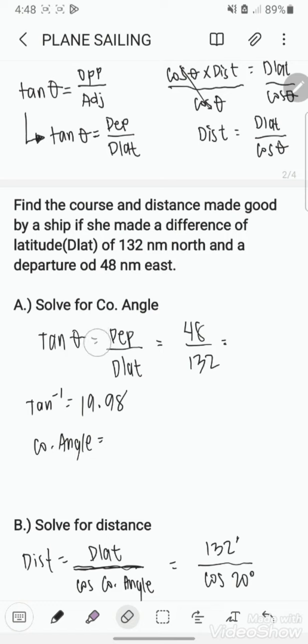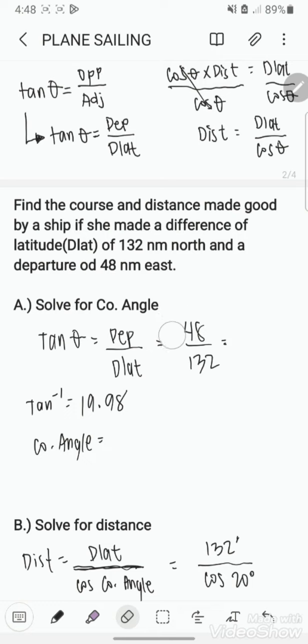We are going to solve for the course angle. In this problem, we will use tan theta because our available givens are the 132, which is dlat, and the departure. In tan theta, we have departure over dlat.